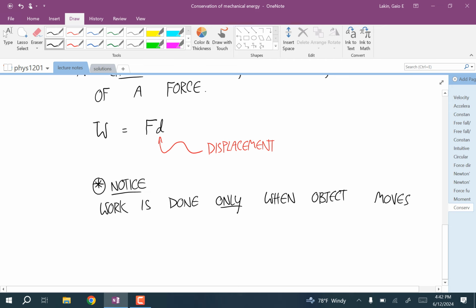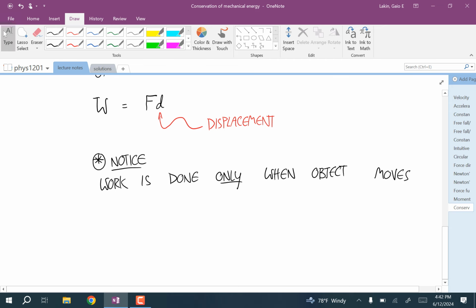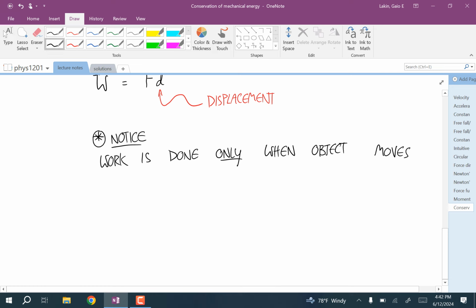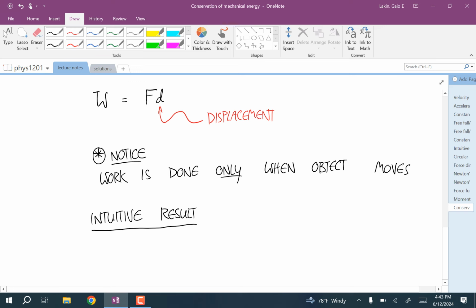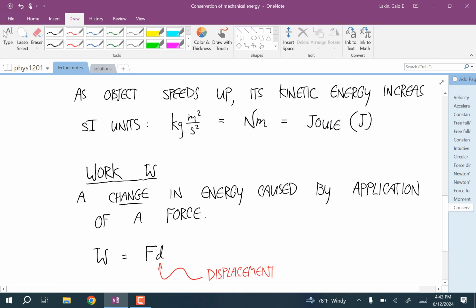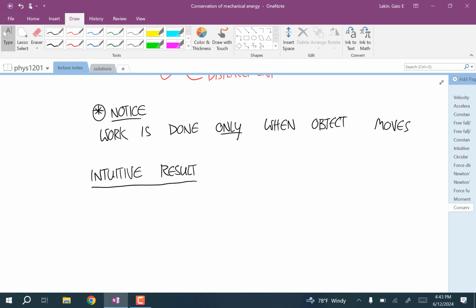And so let's think about kind of intuitively what to make out of this. As we do this, it's going to be important to keep in mind that kinetic energy represents the speed of an object. So in this intuitive result, I'm going to be looking at an object and thinking about how a force could speed it up.